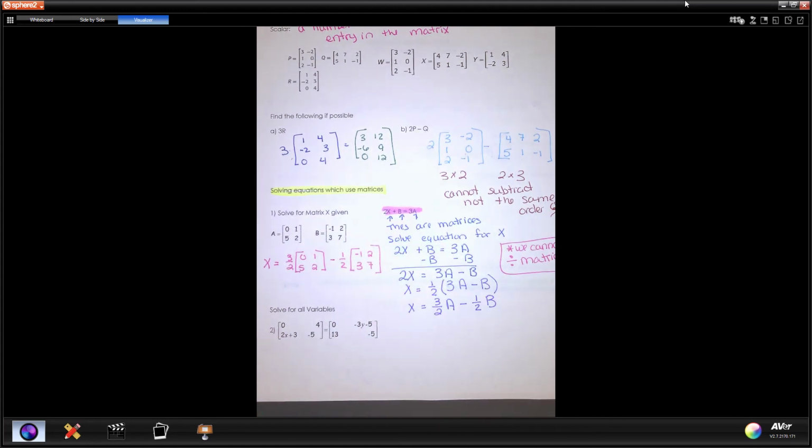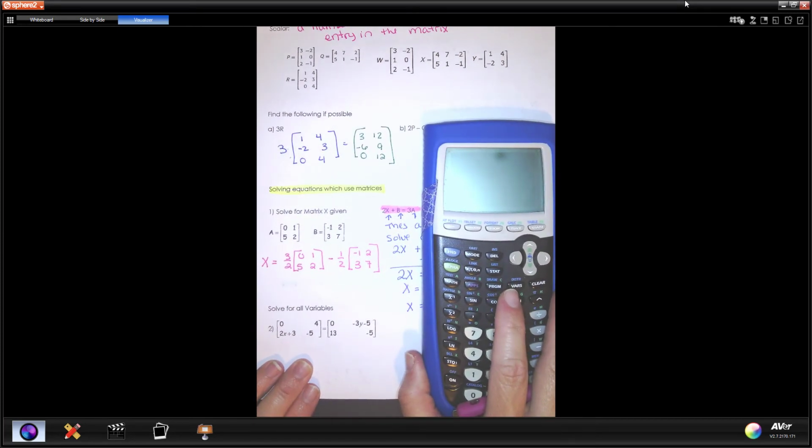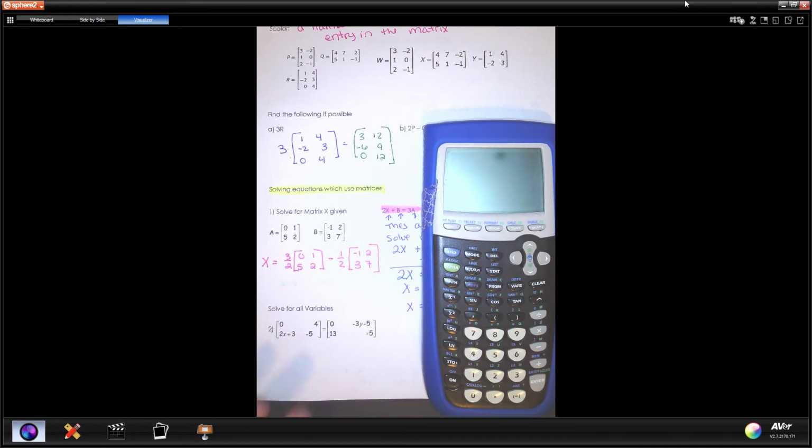Now, you can go ahead by hand and distribute your scalar to each of your entries if you would like. However, I know all of us love to deal with fractions. So one of the things we can do is go to our lovely little calculator and put them in.